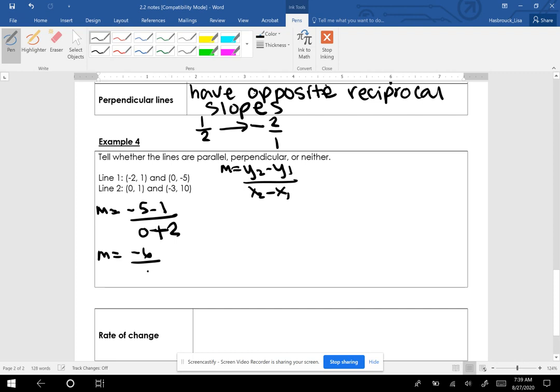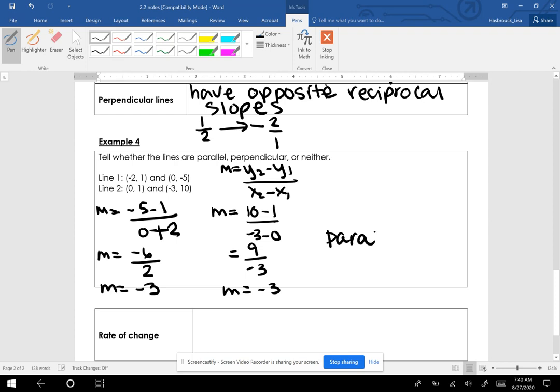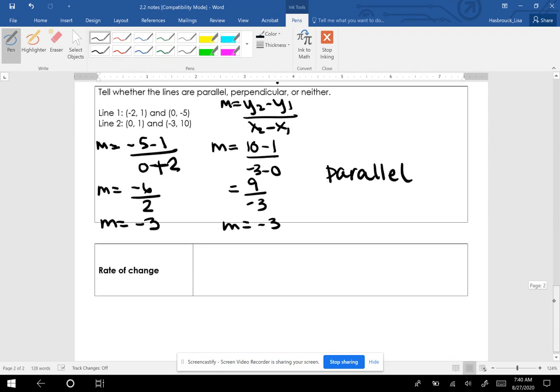On the bottom, those double negatives become a plus, so it's 2, which means my slope is negative 3. For line 2, I get 10 minus 1 over negative 3 minus 0. 10 minus 1 is 9. Negative 3 minus 0 is negative 3, so I get a slope of negative 3. Notice these are the same. Both slopes are equal, so these are parallel. And that's it for that problem.